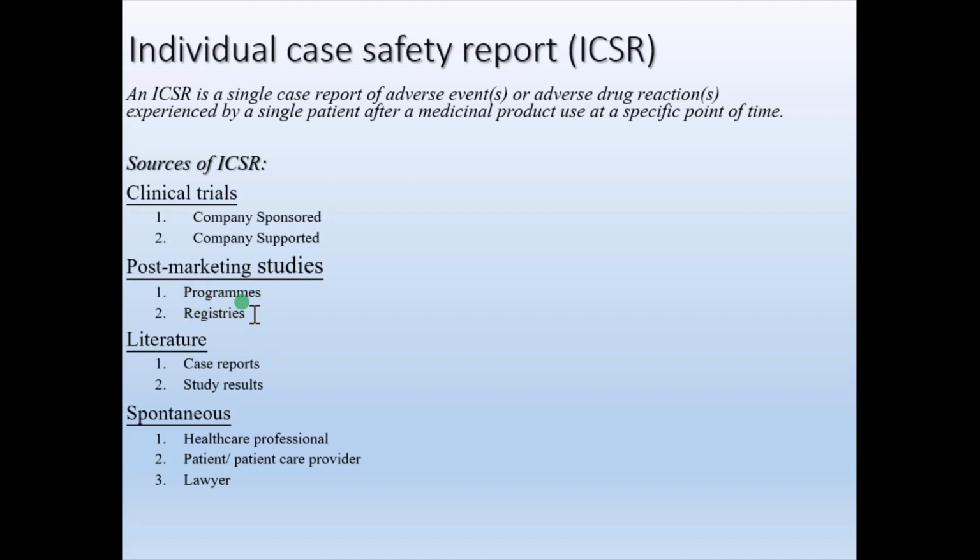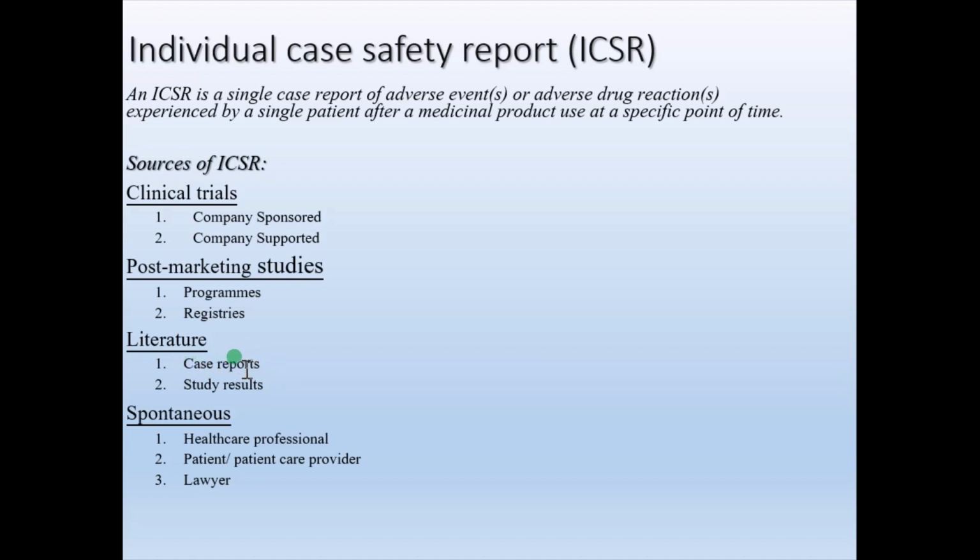So, there are pregnancy registries, which is a kind of post-marketing Phase 4 study for knowing the safety profile of a medicine in pregnant women. And these post-marketing studies act as a crucial source for standardized collection of safety data for a marketed medicine.